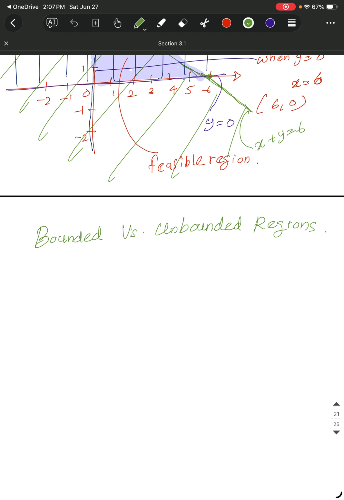So what happens if the shaded region continues forever?